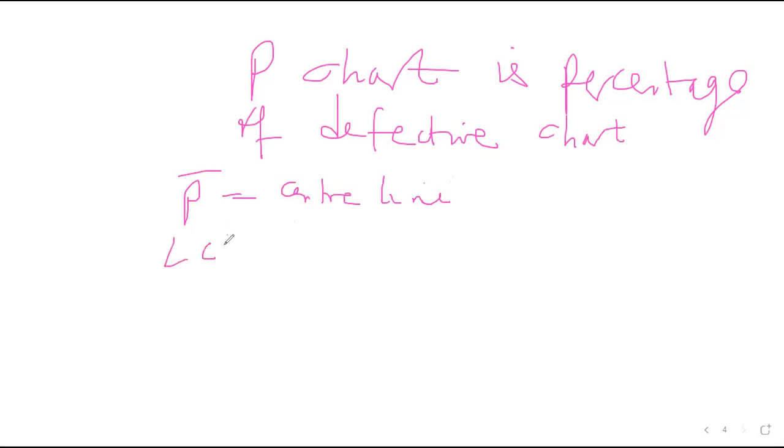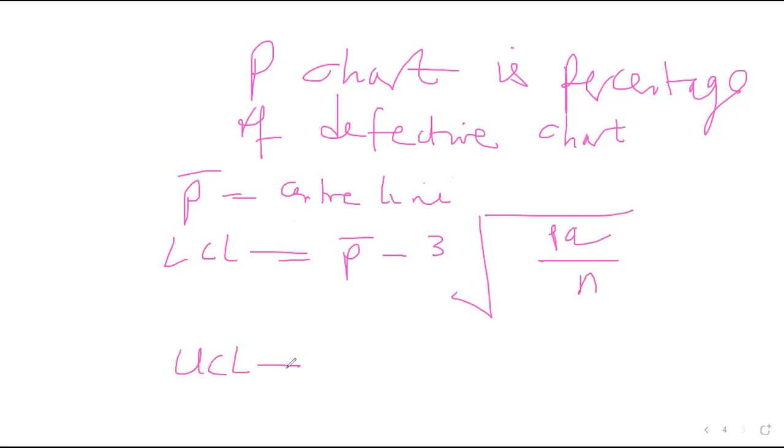Then lower control limit is equal to P bar minus 3 square root of PQ over N. Upper control limit is equal to P bar plus 3 square root of PQ over N.